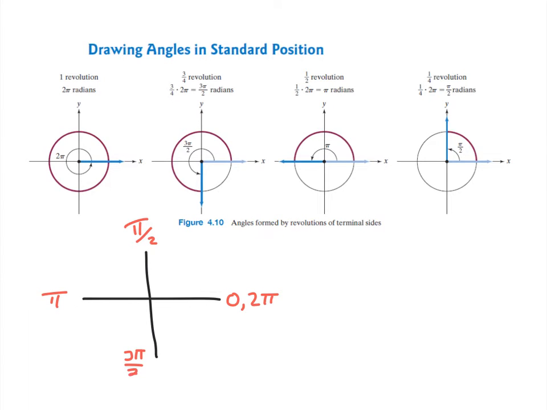Here we just divided 2 pi into 4 equal segments. So if I were to sketch, say, pi, my initial side starts here, my terminal side ends at pi, and it goes like this. Okay, so that's very similar to, actually exactly what you see in this picture here. So we're going to look at ways to draw angles in standard position.